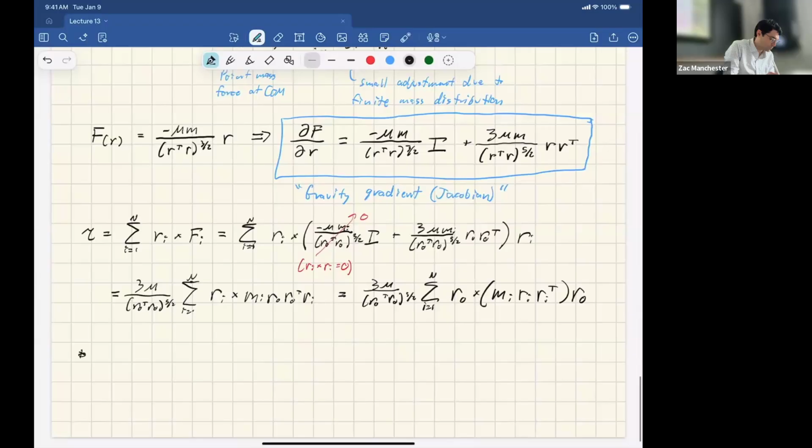Now is the fun trick, which is if we recall the definition of the inertia matrix from a while ago, one way to write it is like this.